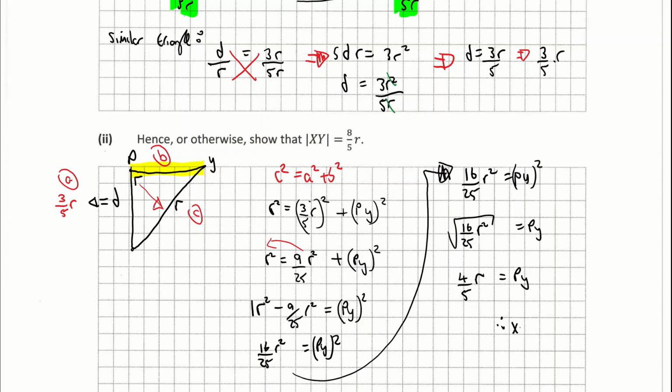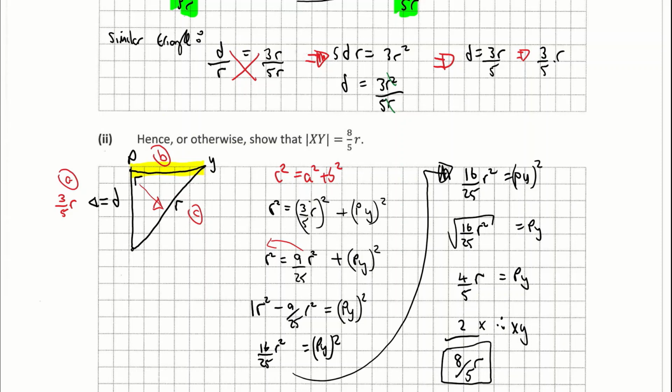Therefore XY is equal to twice this, because I need to get the full distance from X to Y. So when I multiply that, I get 4 over 5 multiplied by 2 is 8 over 5 r. And that is my value for XY. You can see that's what they wanted us to find at the top of the question. So that there is part 2 of question 2a.